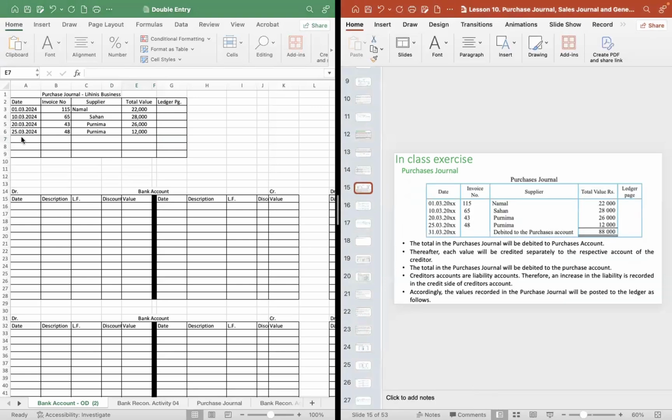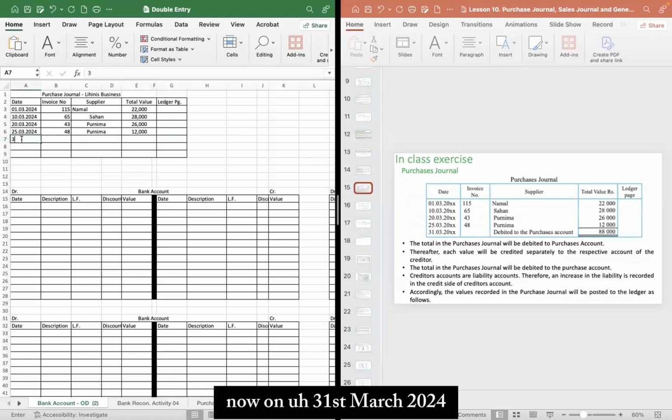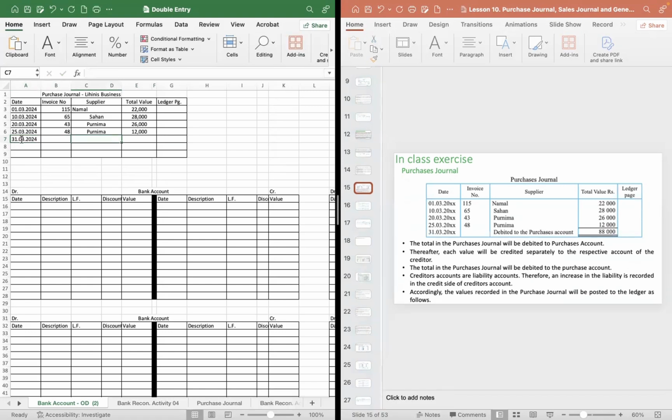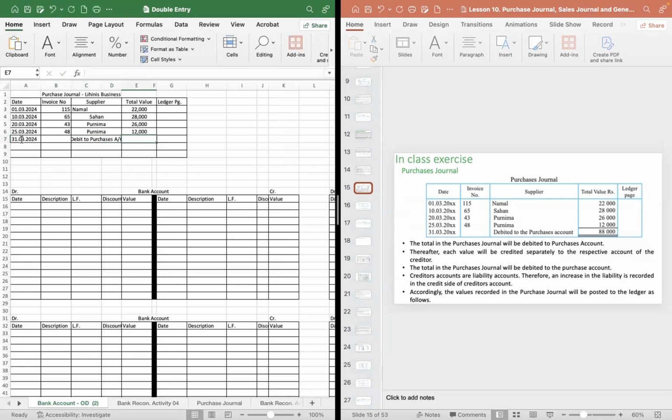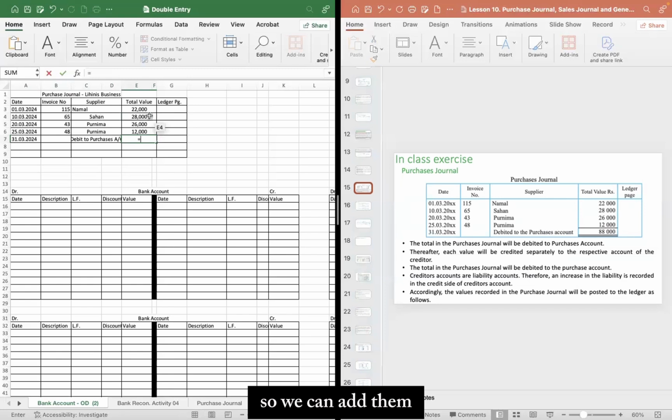Now on 31st March 2024, what is debited to the purchases account? We can add them up.